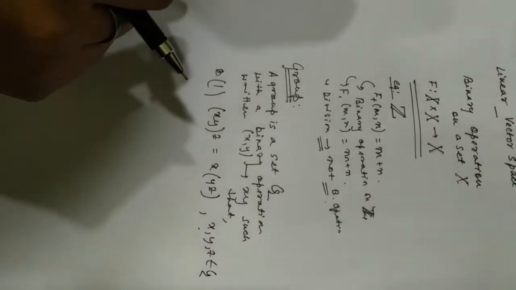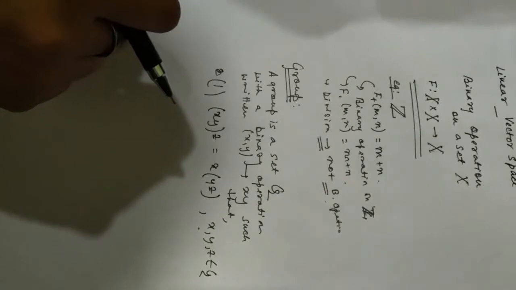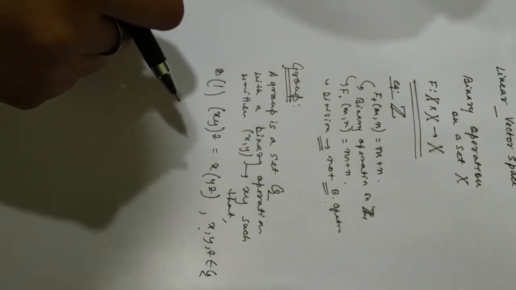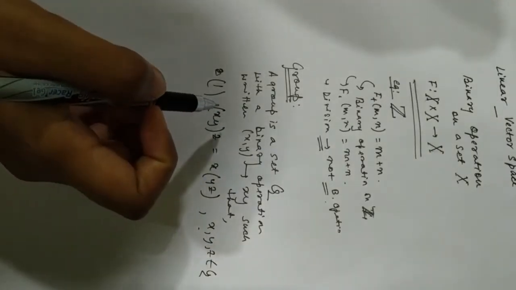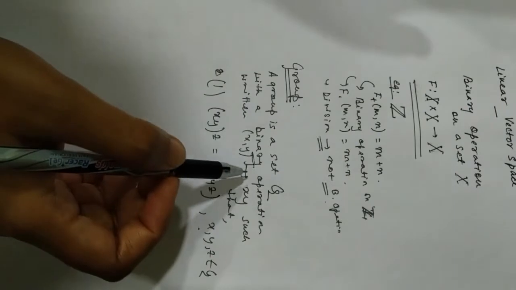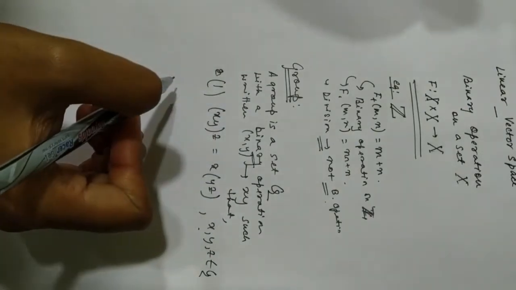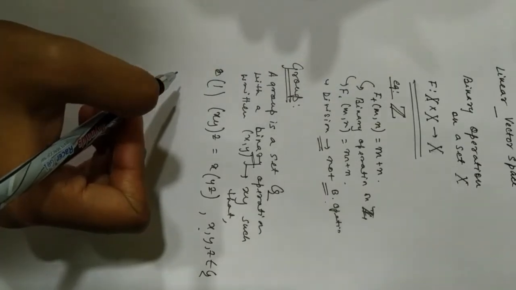Before writing the axioms, I would like to tell you a group is a set of anything. It needs to contain elements and a binary operation which follows the axioms. Anything that follows these axioms will be called a group.